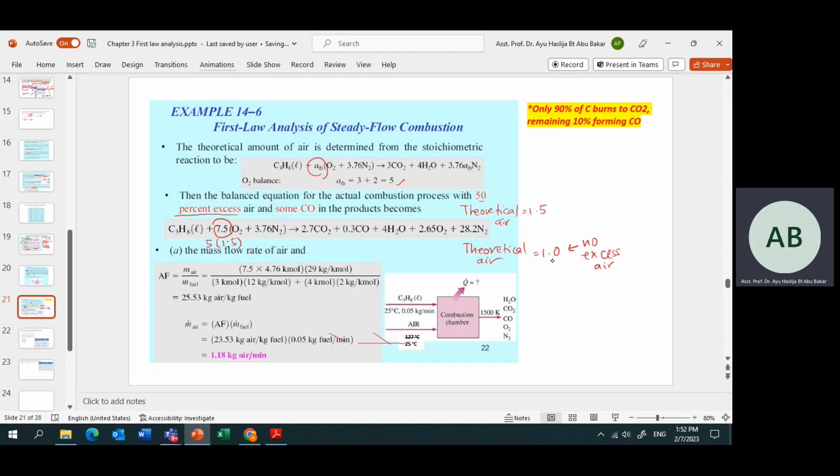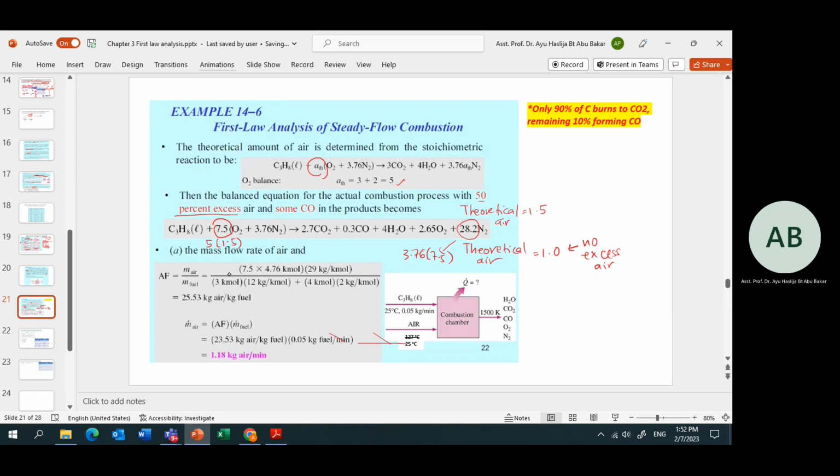Now we have excess air, so theoretical air is 1.5. 1.5 multiplied by the 5, the A is 5, you get 7.5. So from here, for the N2, 3.76 multiplied by 7.5. That's how you get 28.2.